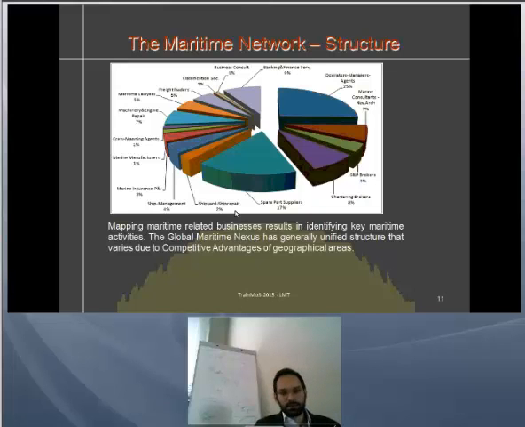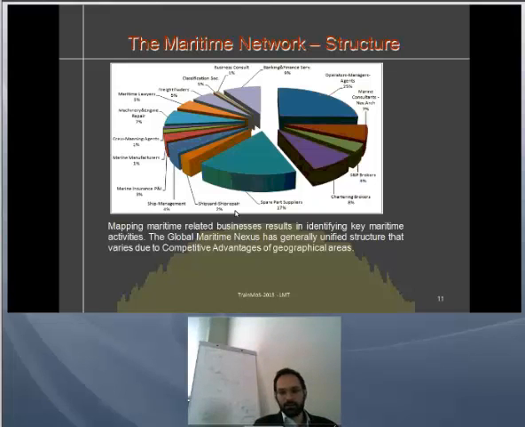While we see that this composition presented in the graph constitutes a complete maritime cluster, the structure, as we said before, is kind of unified. However, it varies according to the competitive advantage of each country, which also depends on the geographical area of the country.